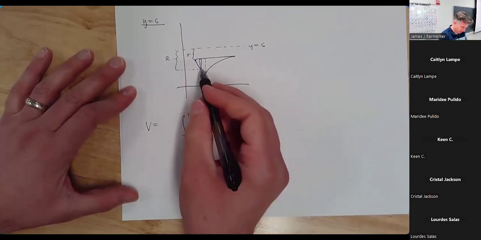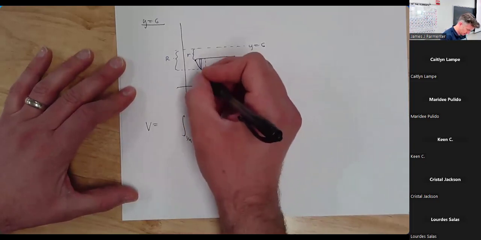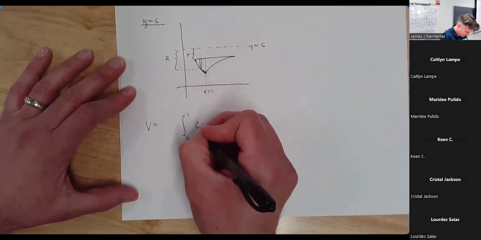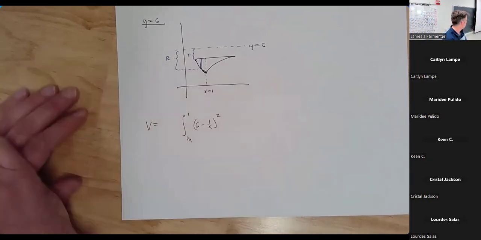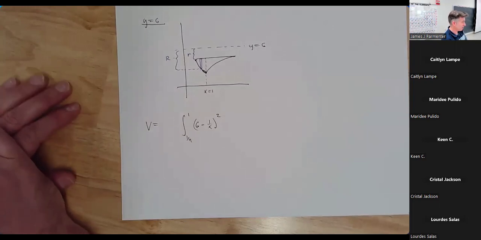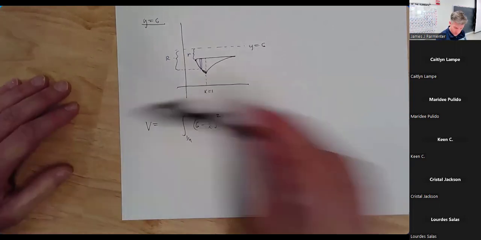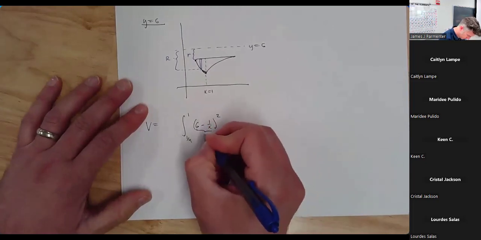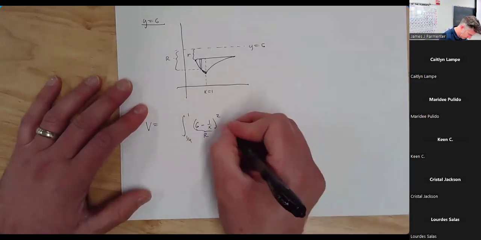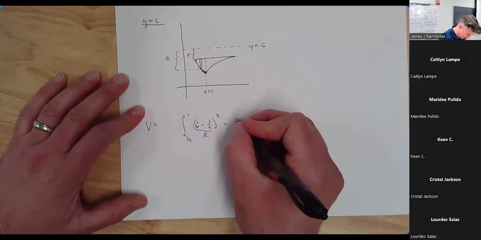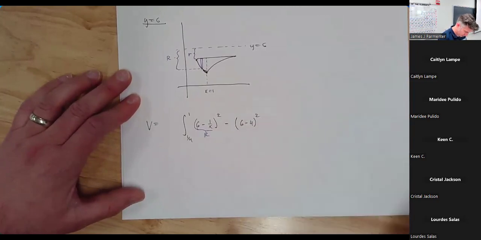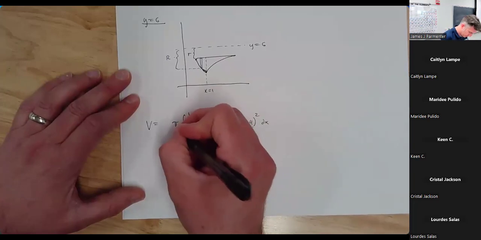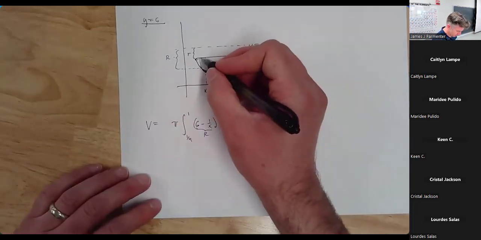My outer radius squared is going to be, that's the function 1/x, it's going to be 6 minus 1/x quantity squared. Because it should be the bigger thing minus the smaller thing. Minus, then the inner radius is going to be 6 minus positive 4 squared. So that's the volume of this part being revolved around here.